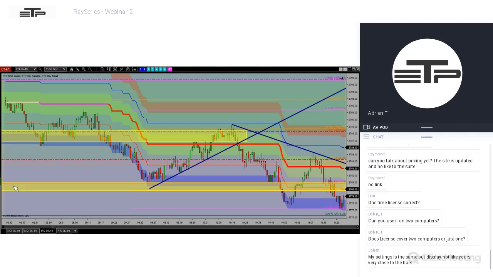Are you using this on the ES, Johan? Bob, yes, you can use it on two computers. That's a maximum.